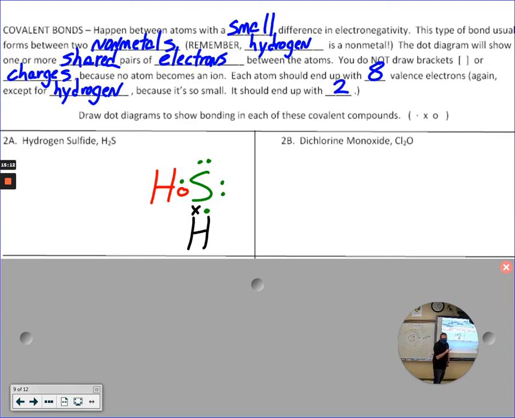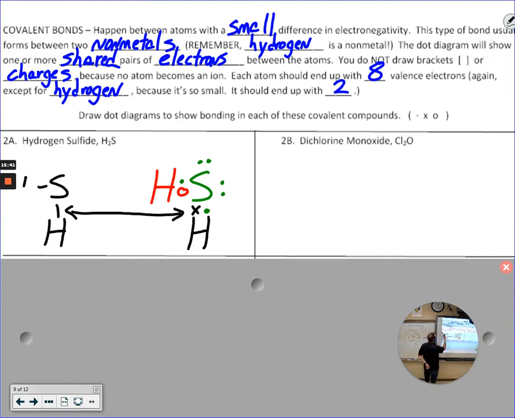Now, I'm going to have you draw this in just a minute, but there's another way to show this. I'm going to show you both ways so that you recognize them when you see them. This little shared pair of electrons between the sulfur and the hydrogen, we can express that instead of a pair of dots with a little dash. That dash is the same thing as that pair of shared electrons.